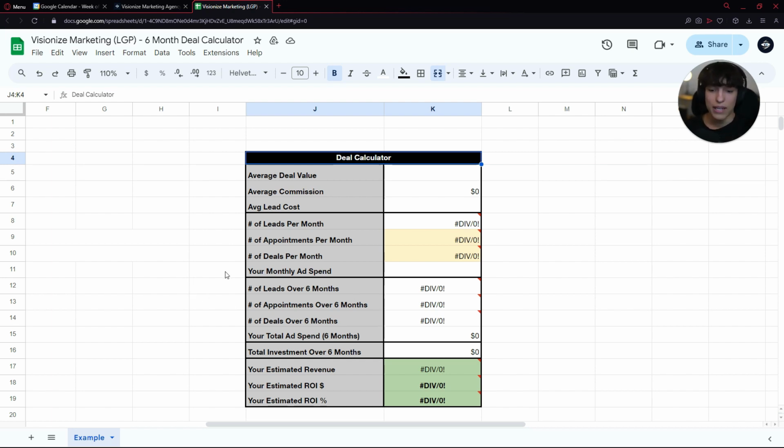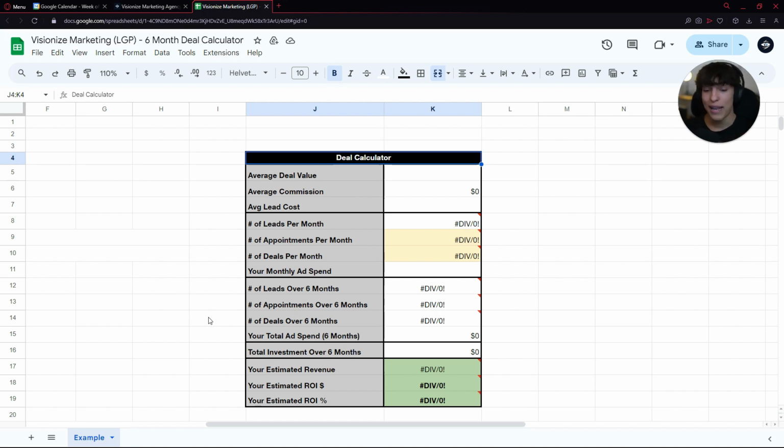Now from there, the calculator is going to automatically input your leads over 6 months, your appointments over 6 months, and then the number of deals over 6 months. And then of course your ad spend over 6 months so that we can calculate it on a longer time horizon, because as you know, in real estate, sales cycles are longer, things take time, and also depending on how much you're spending, you may not even get a deal within your first month with whatever you're doing.